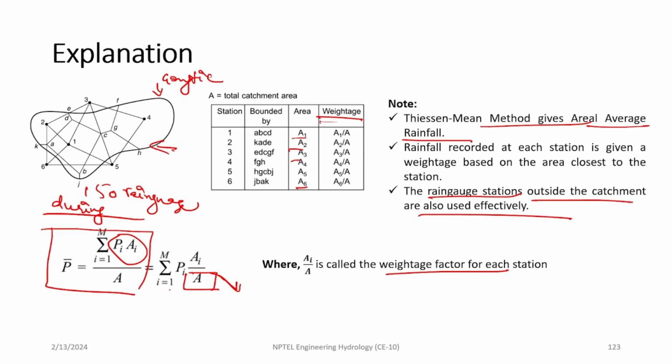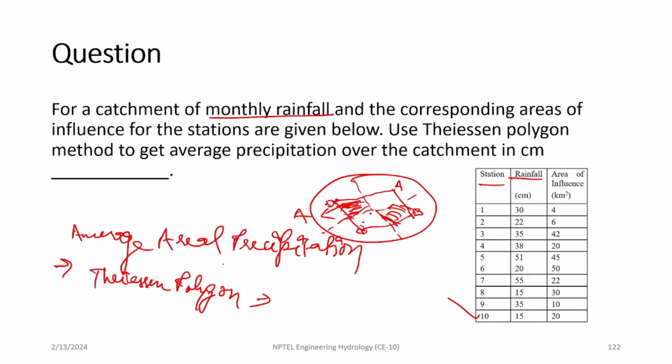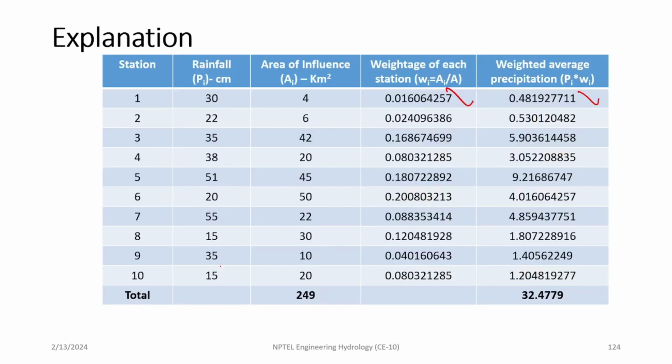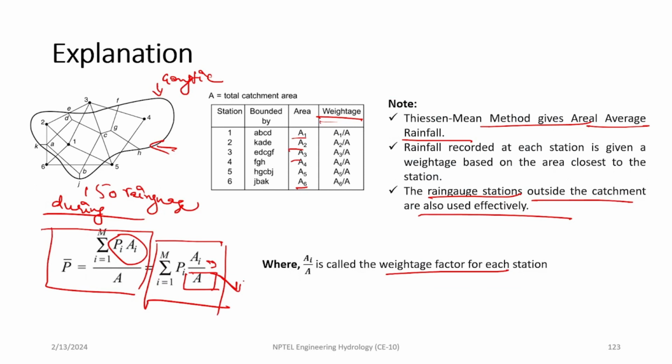So the table you are seeing is just a step-by-step version to reach this. Firstly they compute Ai by A and represent it as Wi. So Wi is basically Ai upon A, then Pi is multiplied, and we sum it for whatever stations we have in the catchment.